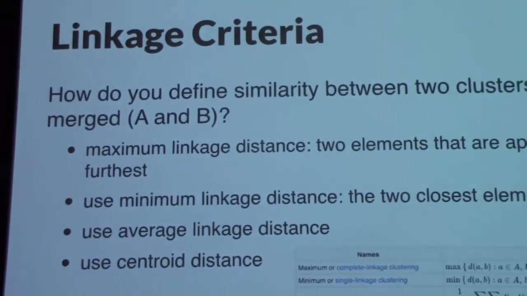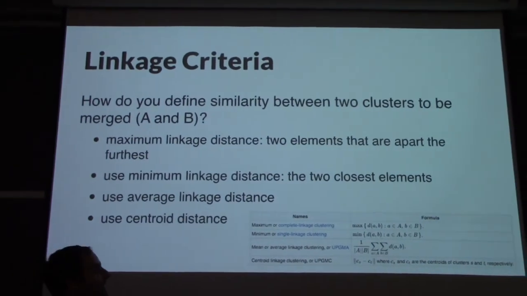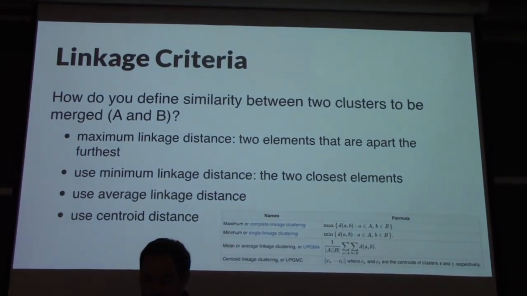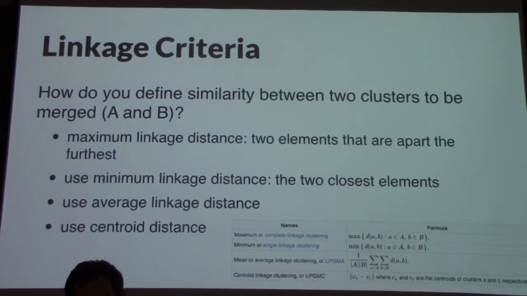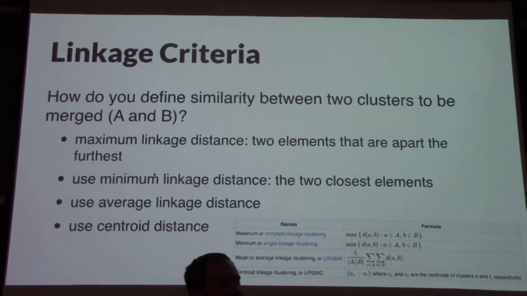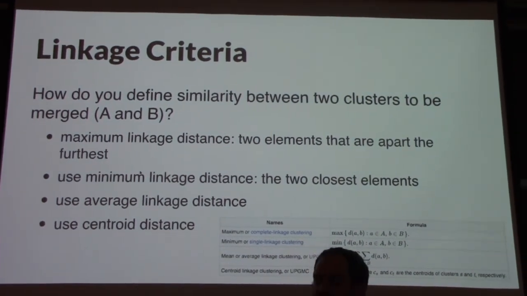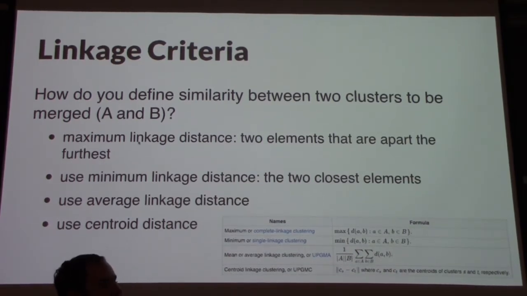And so what I've done here is, there's a couple of different linkage criteria. Here, I have used the minimum linkage distance. I have used the closest nodes in a cluster to determine whether the cluster should be merged. I could also use the maximum linkage distance.